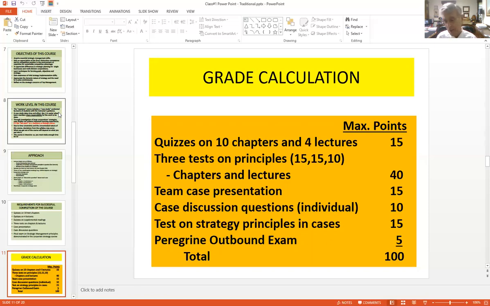So 15 points, because if I don't put some points on the quizzes, you won't take the quiz. And then its purpose will be lost. So if you just think about this for a minute, 15 points out of 100. Supposing you get a grade of B- on every quiz, a grade of 80.